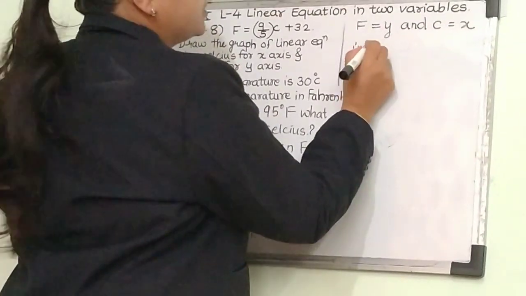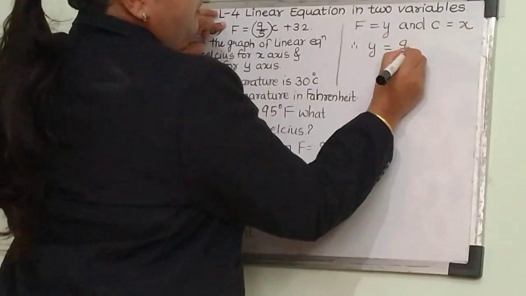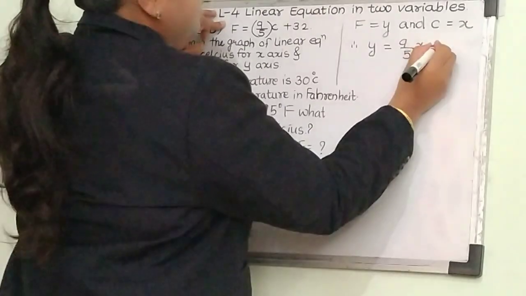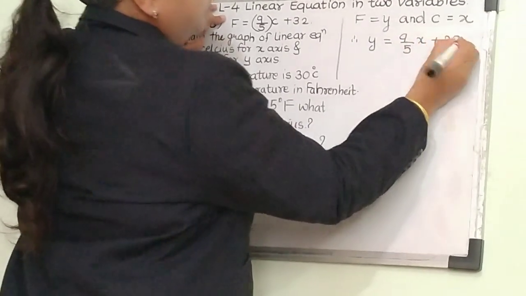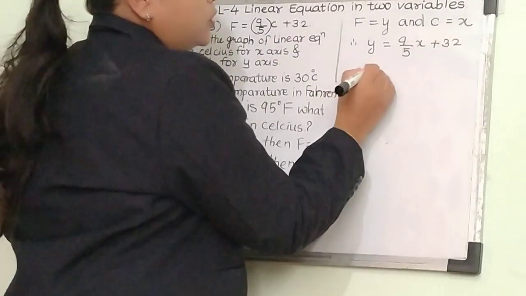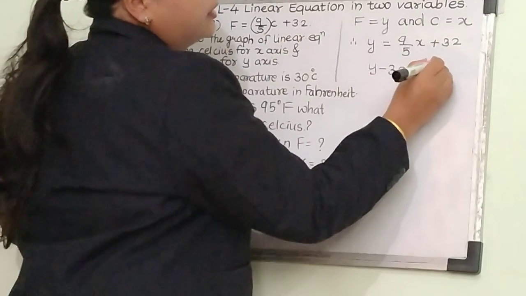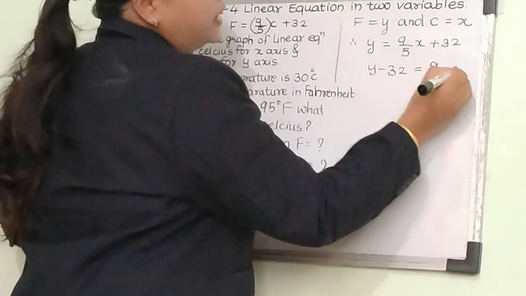Therefore your equation becomes y equals 9 upon 5 x plus 32. Now this 32 will come to this side, it becomes minus. So y minus 32 is equal to 9 upon 5 x.